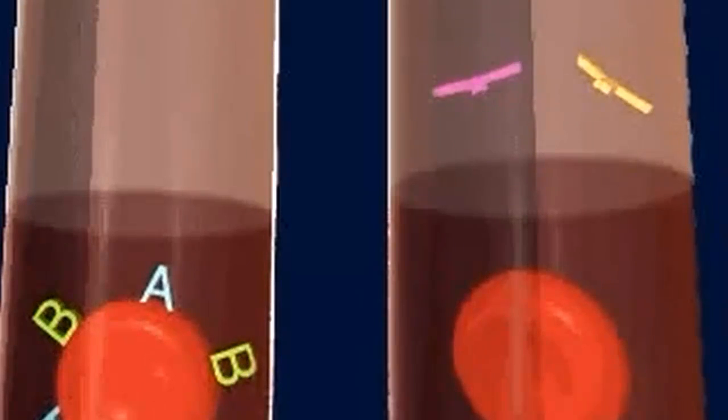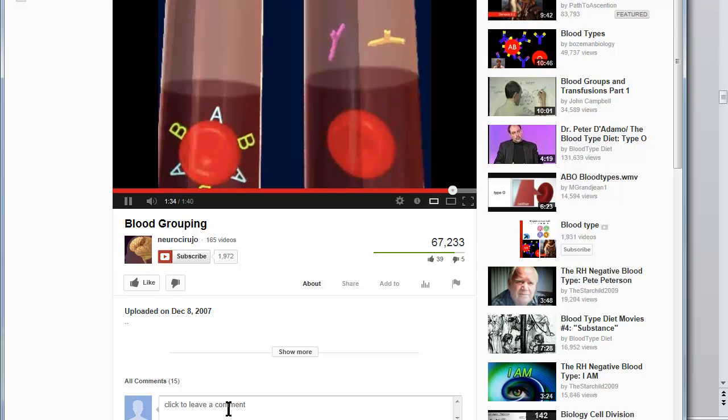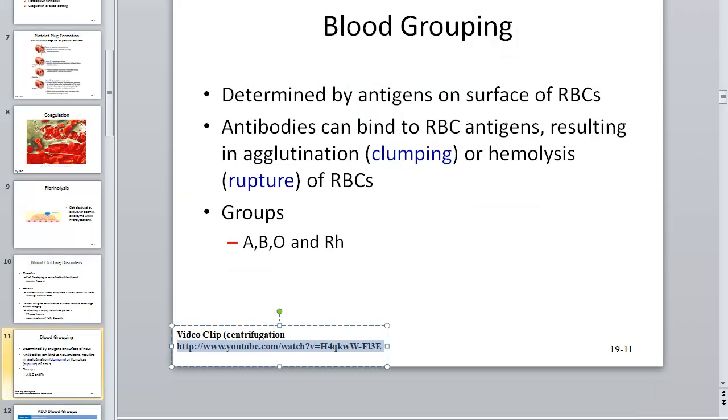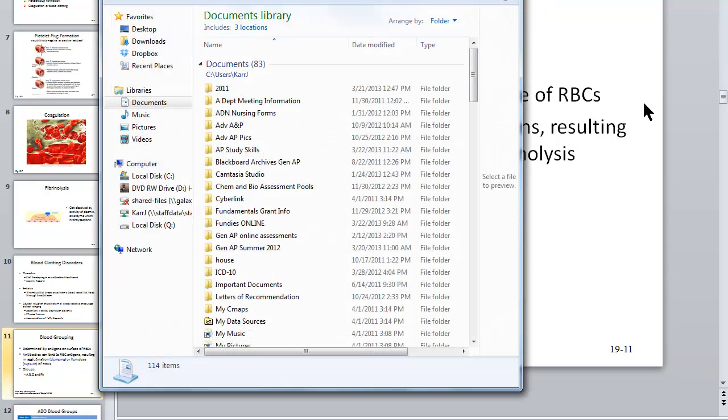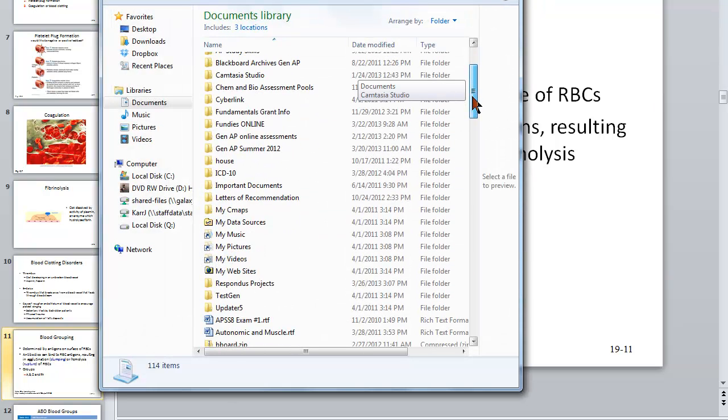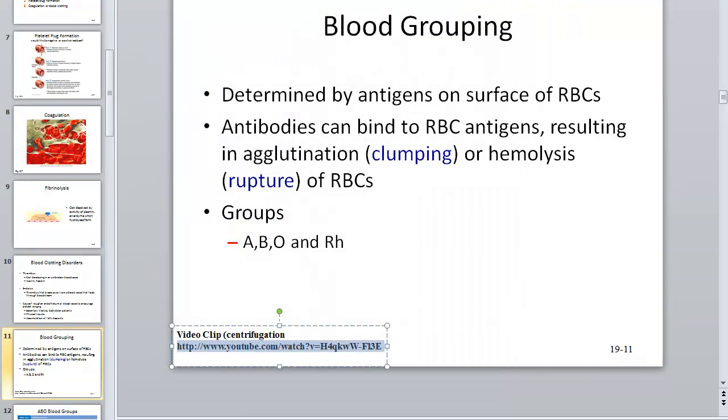So, if we look at a worksheet that I posted on Blackboard under the participation assignments, I'll go into our Blackboard site here and find it.